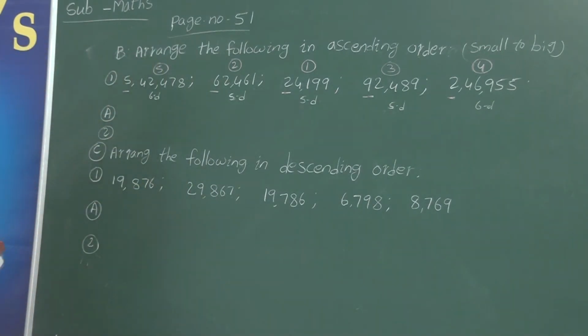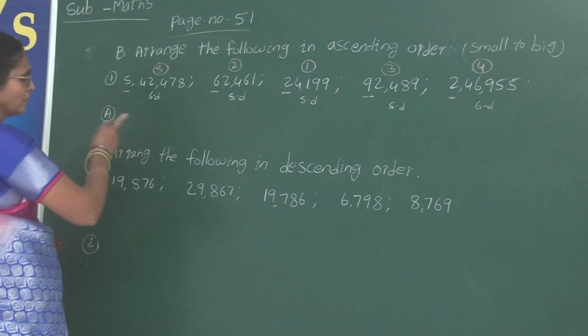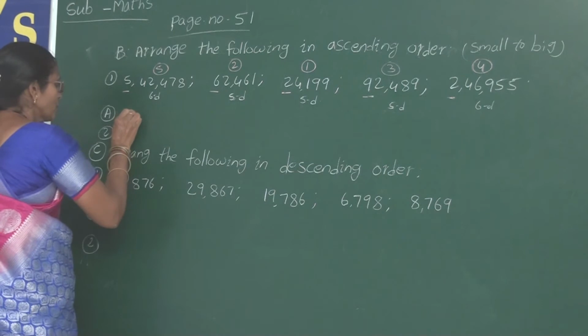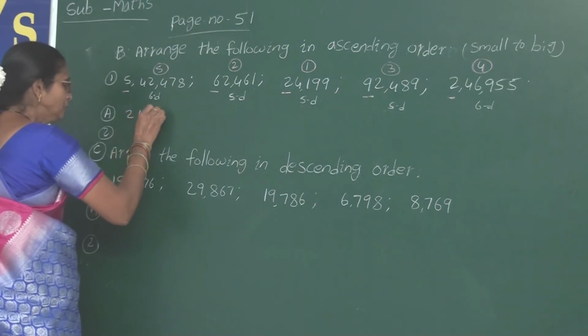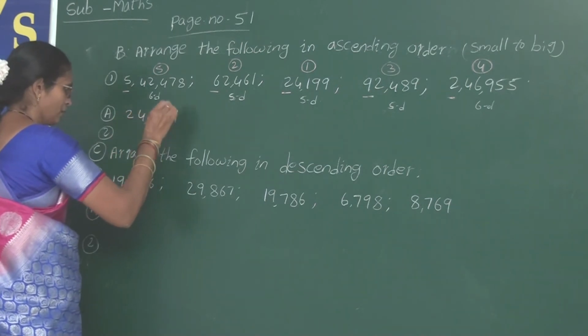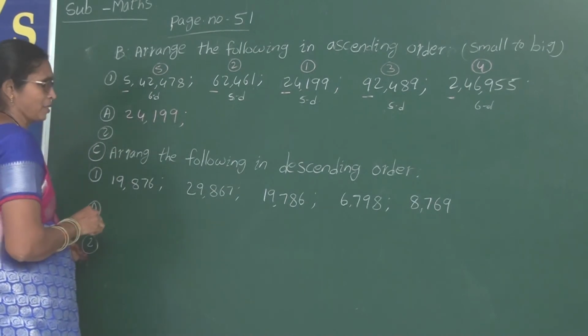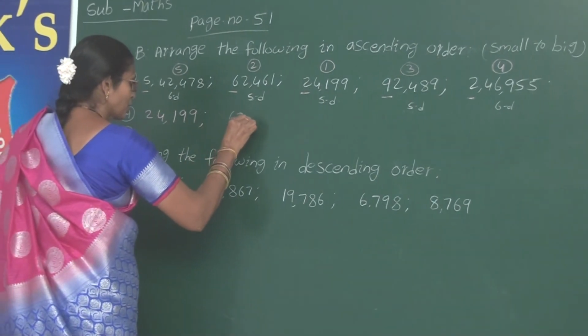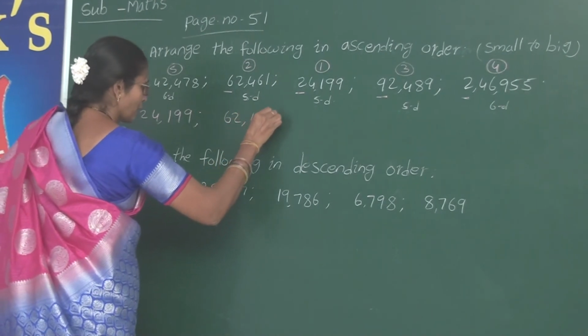Now we want to arrange these in an order. So first place, what is there? 24,199. This is the first place. And in second place, 62,461.